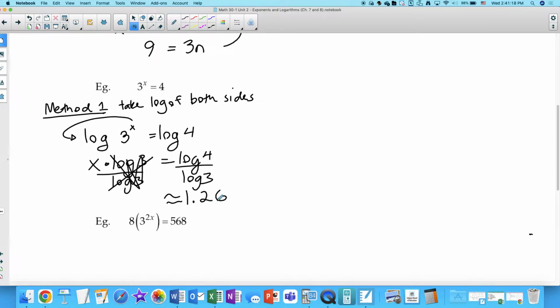Now, another thing that I really want to emphasize is that one of these solutions is exact and one of them is approximate. So pay close attention to what you're asked for. If you're asked for an exact solution to this type of equation, I want this one, because the decimal one has been rounded.